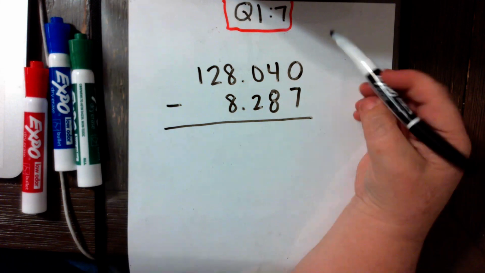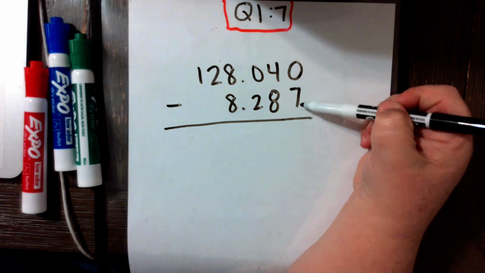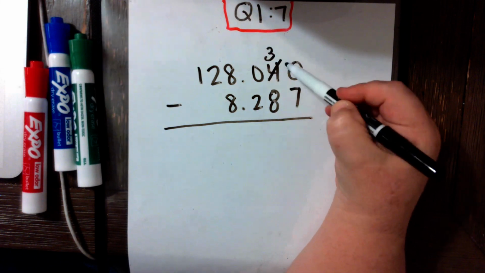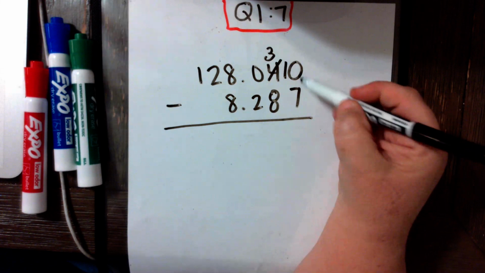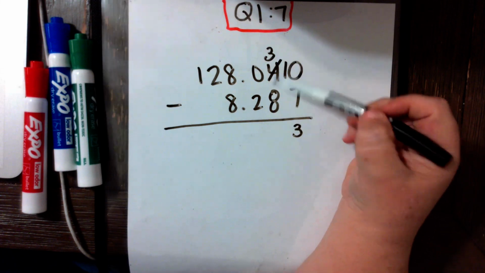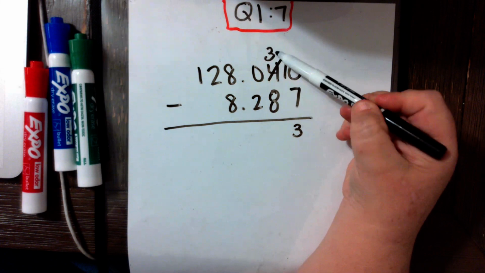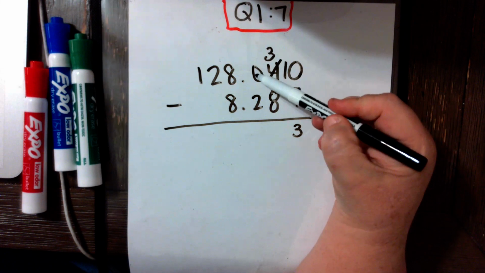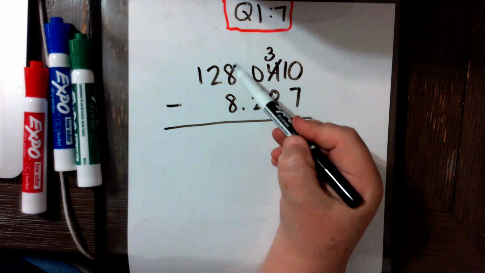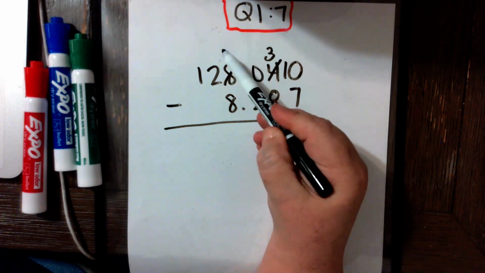Remember, zeros in decimal land, if they're on the end, they don't have any value. So it won't change that number if you just put a 0 there, if it helps you a little bit, okay? Well, if I have 0, I can't take 7 away from it, so I've got to go next door and borrow some. So I'm going to put 1 there. Now I have 10 minus 7. That'll leave me with 3. Okay, well, I can't take 8 away from 3, and I can't go next door. There's nothing there to borrow, so I've got to go one more. Let's go ahead and borrow from 8.